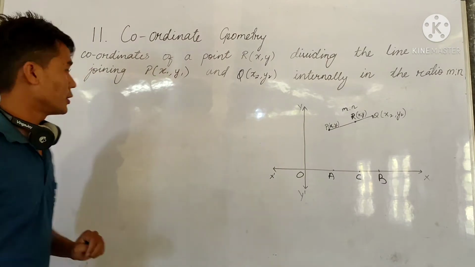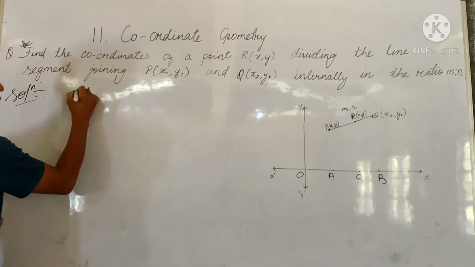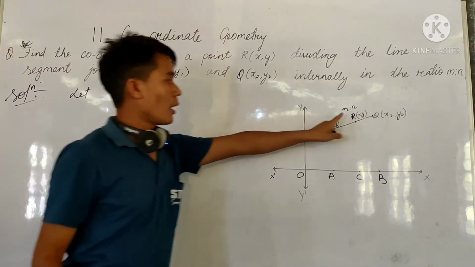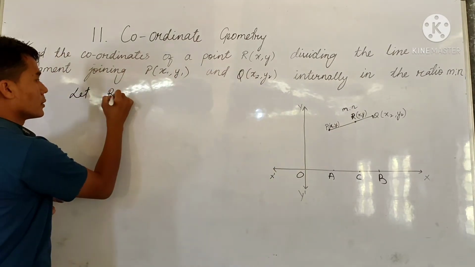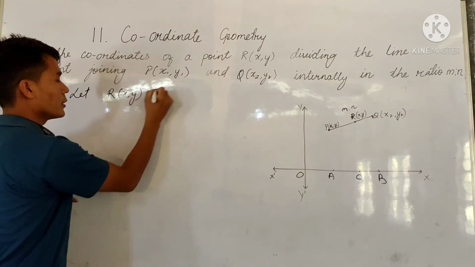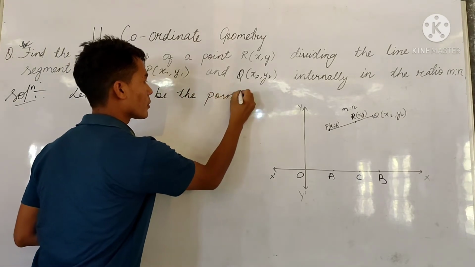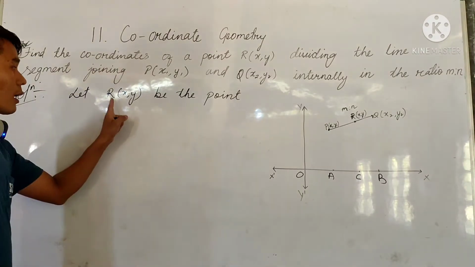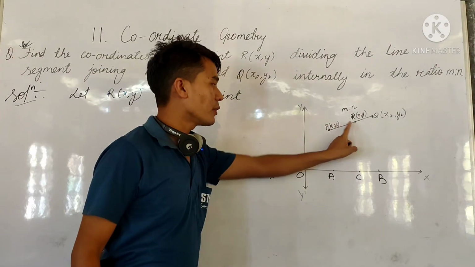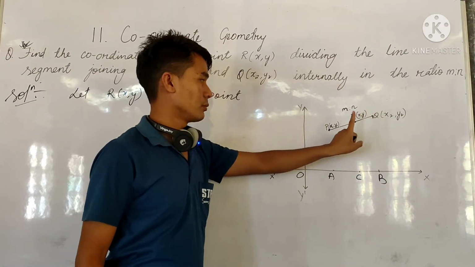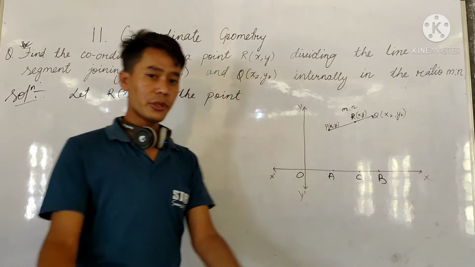To solve this, let R(x, y) be the point. What is R? R is a point which divides PQ in some ratio.